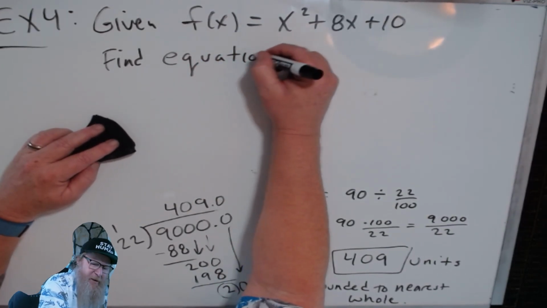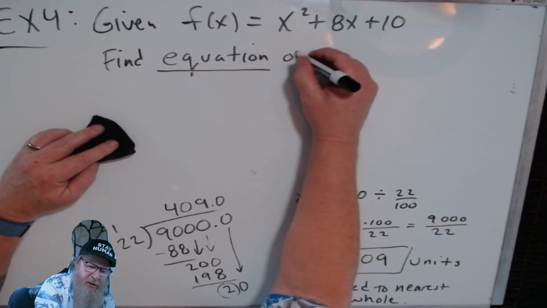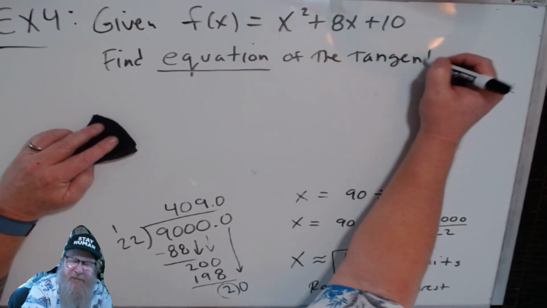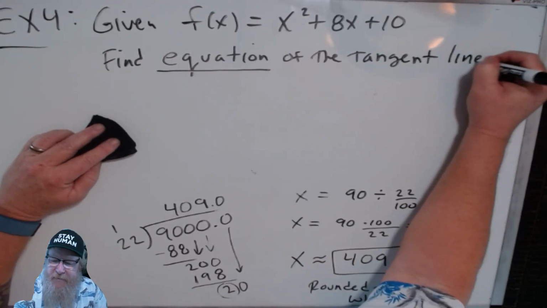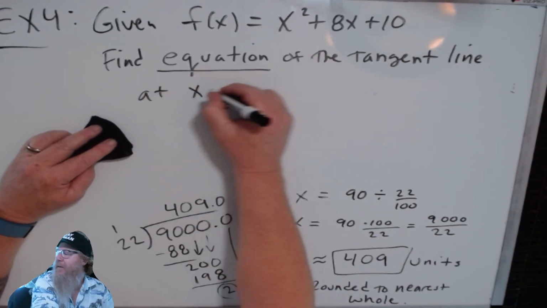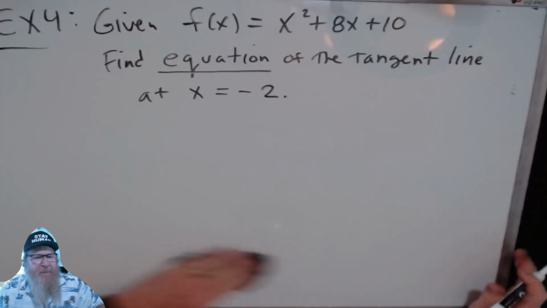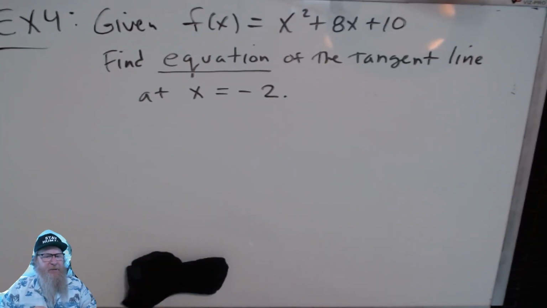So I want to make it very clear. If I say find the equation of the tangent line, I need a little bit more information than just the slope.